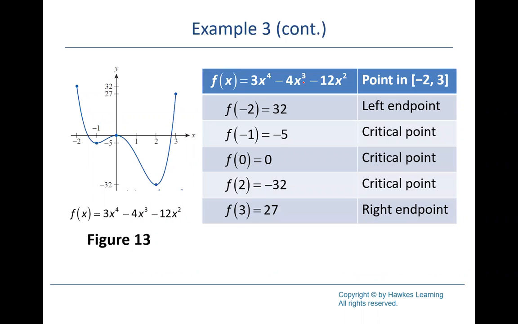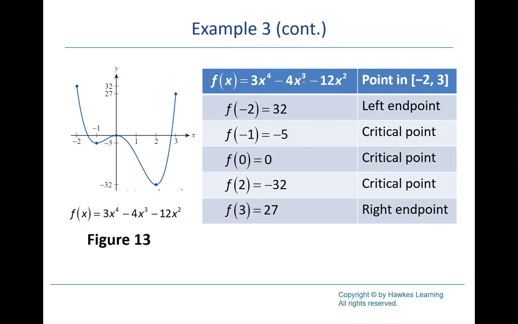So evaluating all 3 of these critical points along with the 2 endpoints of -2 and 3, we get the following values: 32, -5, 0, -32, and 27.